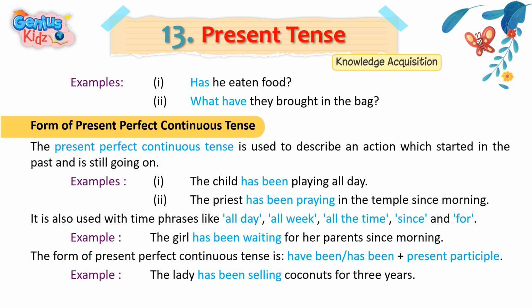It is also used with time phrases like all day, all week, all the time, since and for. Example: The girl has been waiting for her parents since morning. The form of present perfect continuous tense is have been, has been plus present participle. Example: The lady has been selling coconuts for 3 years.